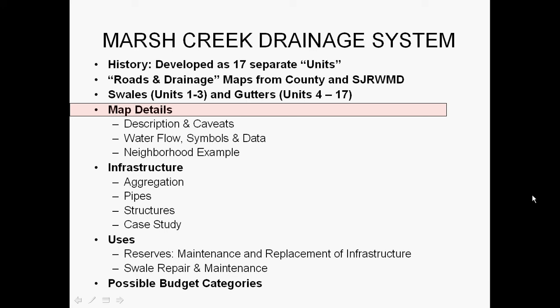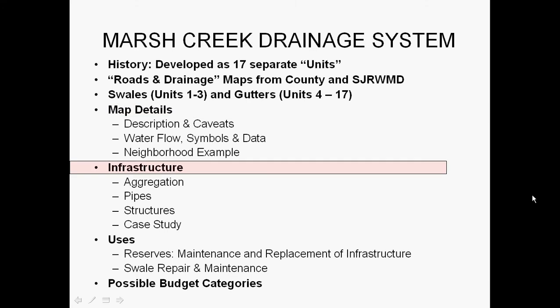We'll look at the maps and how they relate to what's actually installed. And we'll check out some of the detailed nomenclature and data that's contained in them, and look at one neighborhood example. Then we'll get into the infrastructure, which is essentially the pipes and the structures at the end of the pipes and the containment structures.